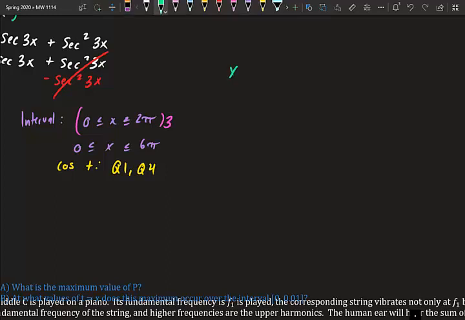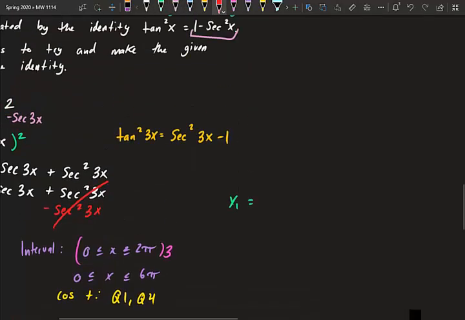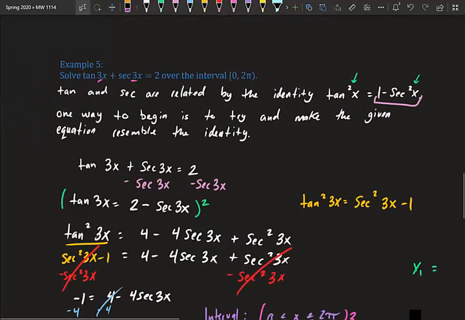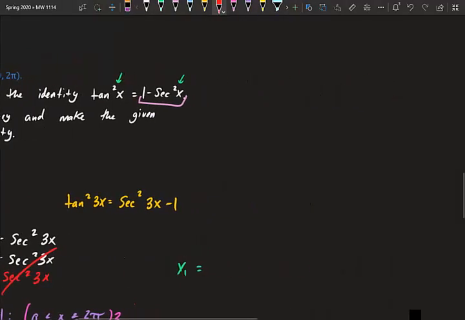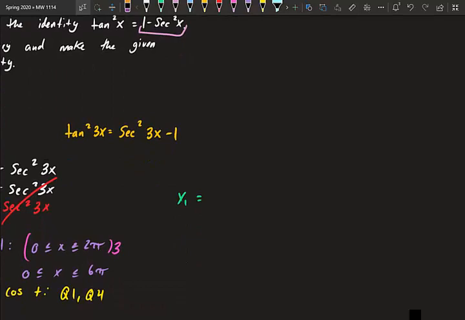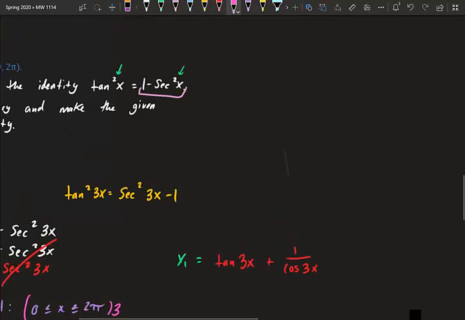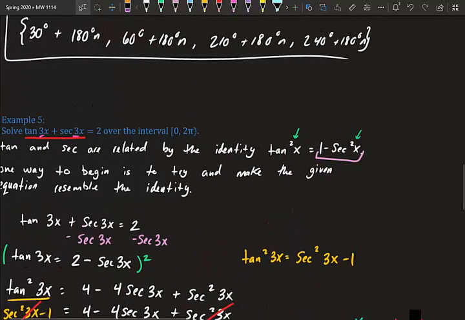So y1 should be your first function, the left side of your function, so tangent 3x plus secant 3x. But we don't have that secant button on the calculator, so we're going to switch it to 1 over cosine 3x. And then y2 is the right side.